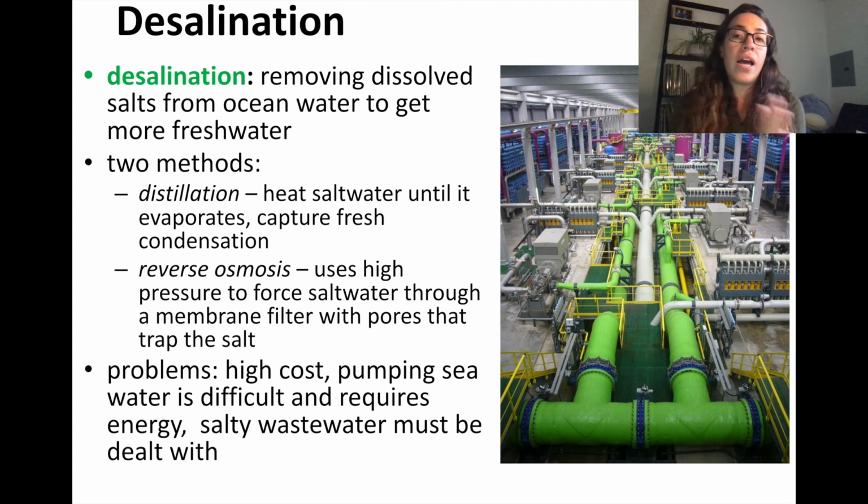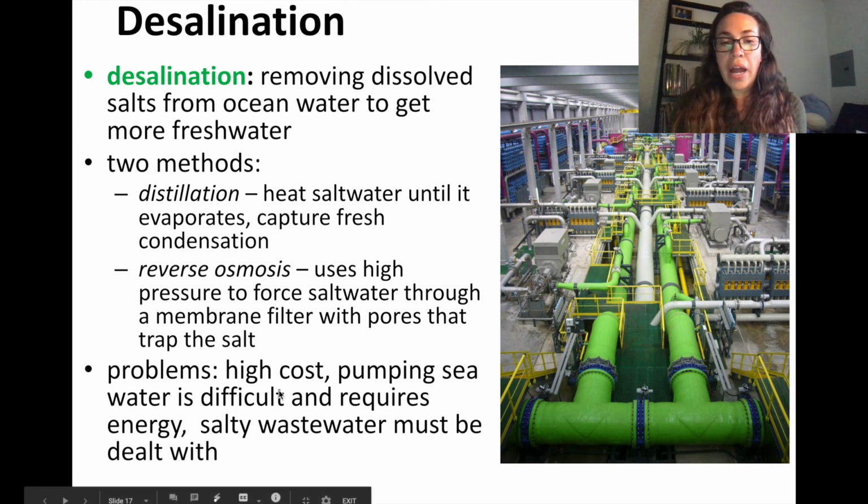And so what's left is the fresh water, and the salts are captured by the membrane. Now, this is going to be forcing water to move against its concentration gradient, and so it also requires an incredible amount of energy to force this water through the membrane material and to trap the salts.